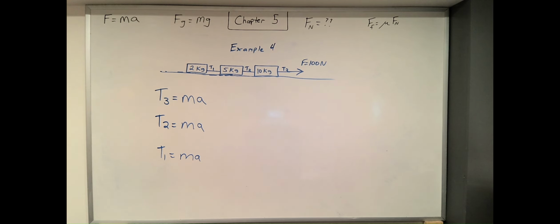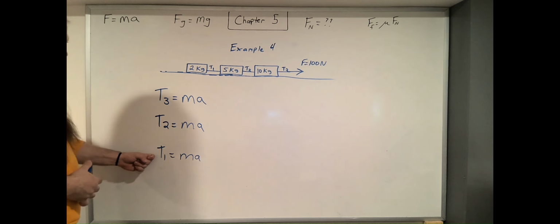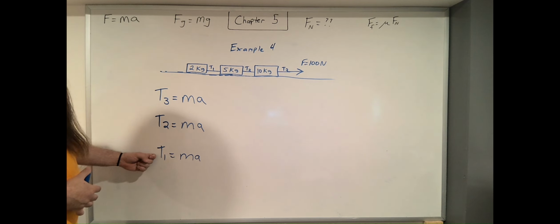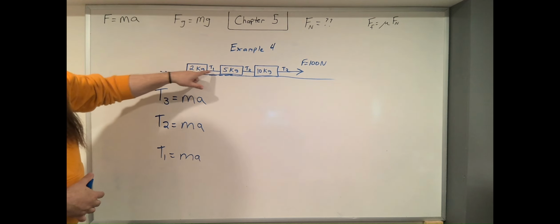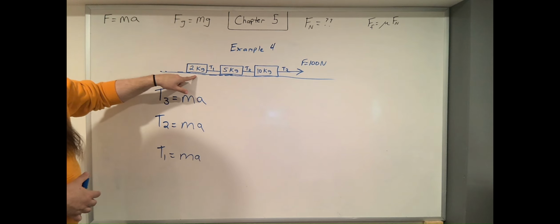So you have to look at the tension as what is causing the tension. Okay, so that's how we're going to deal with these problems. What is causing the tension? Why is there T1? Why is there tension in T1? Well, T1 is caused, right? There's tension in the rope because it is pulling this 2 kilogram mass.